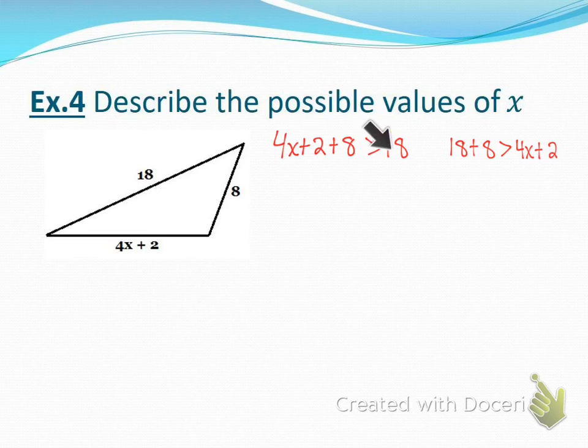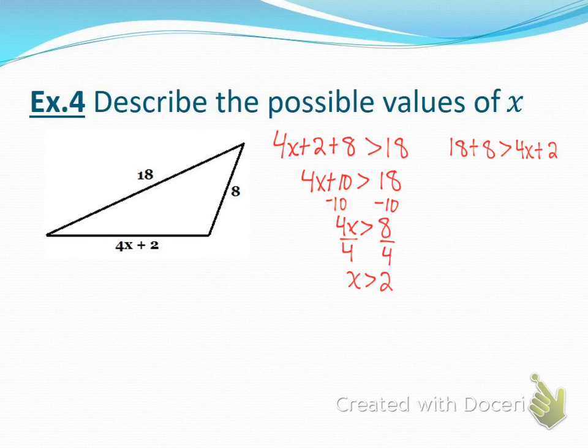For the first statement, the first thing I could do is combine like terms. 4x plus 10 is greater than 18, and then we would subtract. 4x is greater than 8. Last step is to divide. X is greater than 2. On the other one, again, we could combine the 18 and 8. 26 is greater than 4x plus 2.